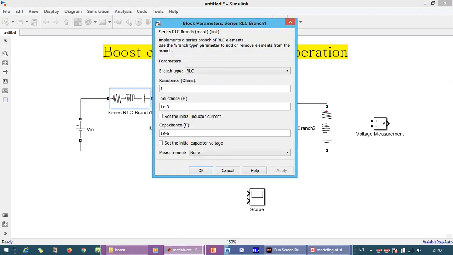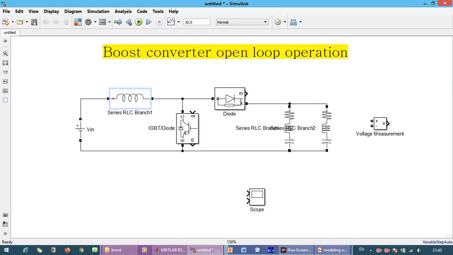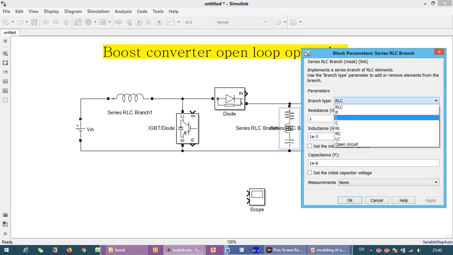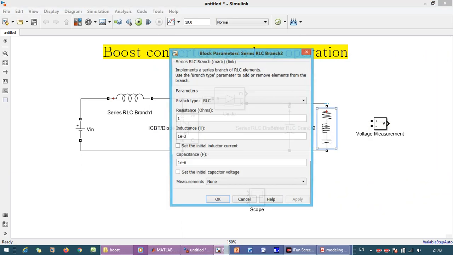This is inductor, this is capacitor, and this is load.